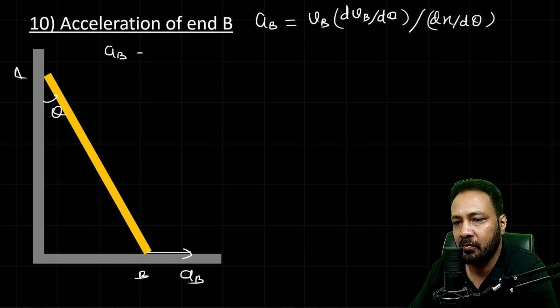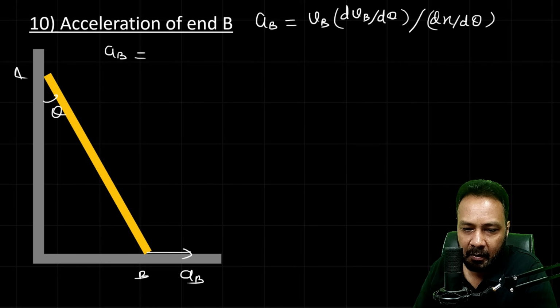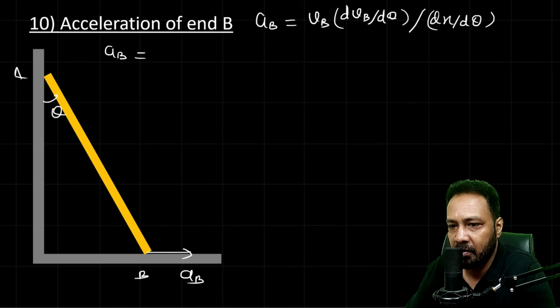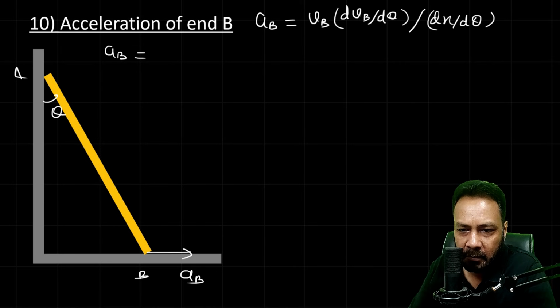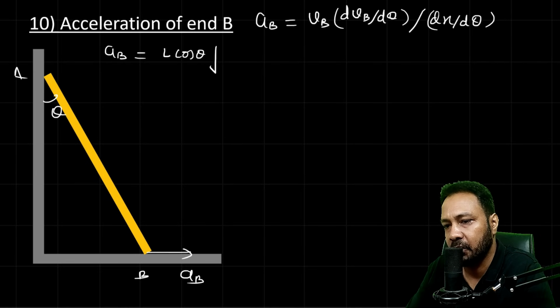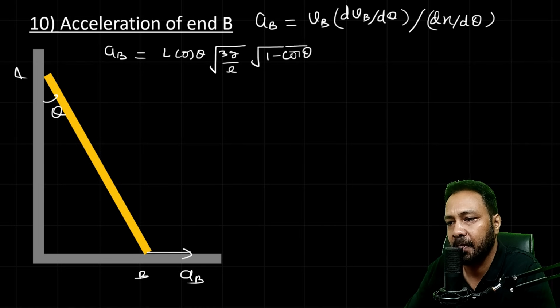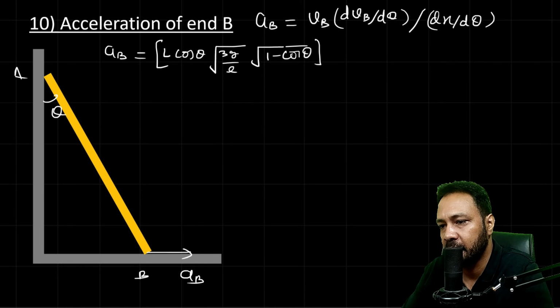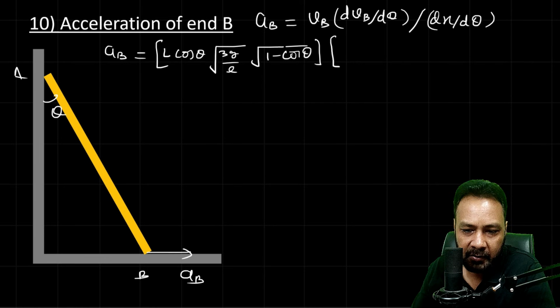So AB, VB was omega, this length was L cos theta, L cos theta omega. Omega was square root of 3g by L into square root of 1 minus cos theta. And dVB by d theta we calculated here.